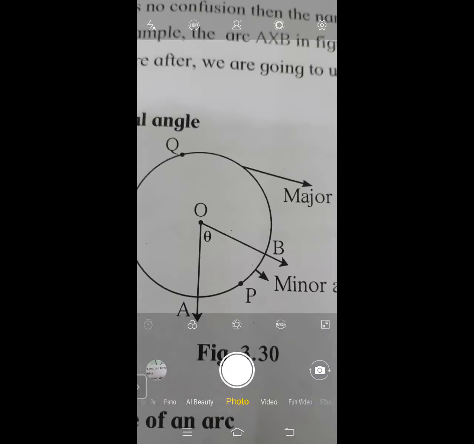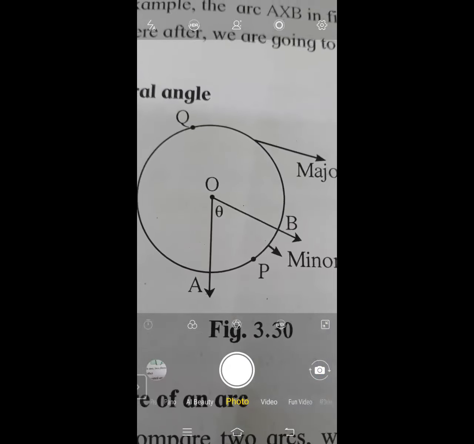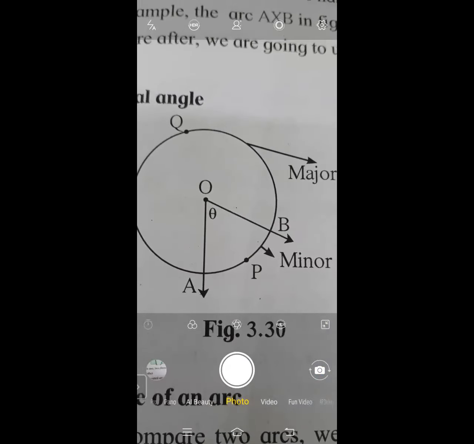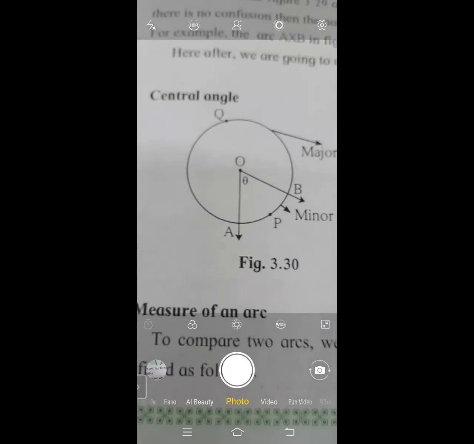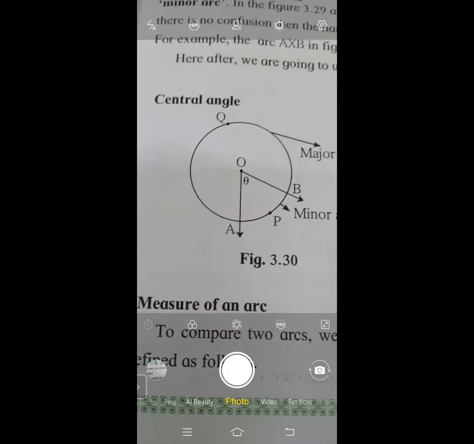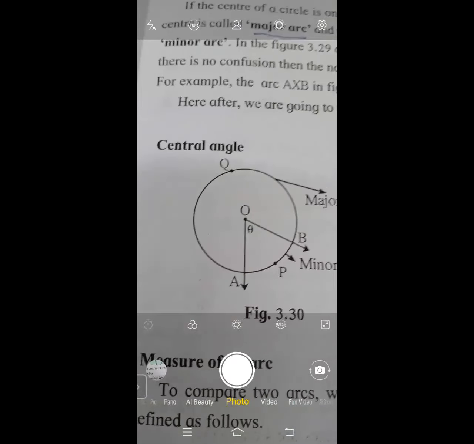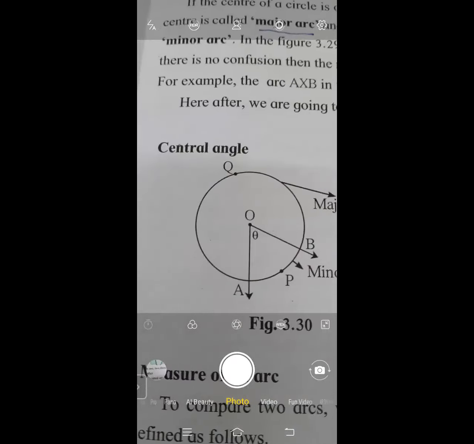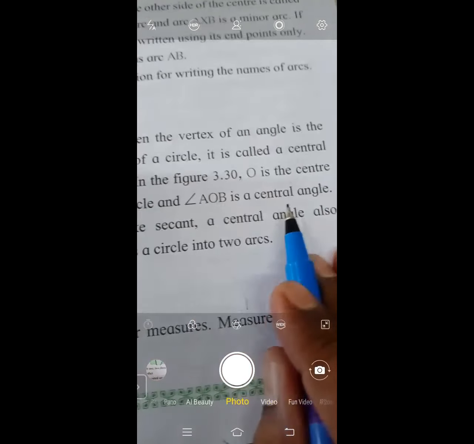O is the center of the circle and angle AOB is a central angle, as O is the vertex of the angle which is at the center of the circle. So in this figure 3.30, O is the center of the circle and angle AOB is a central angle.